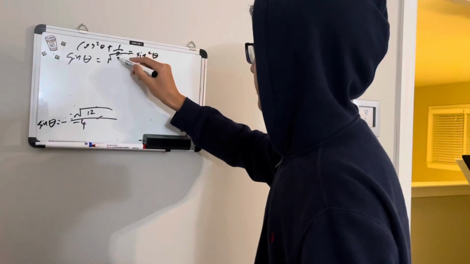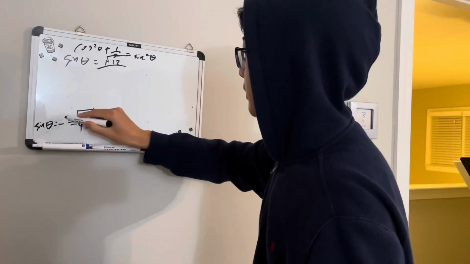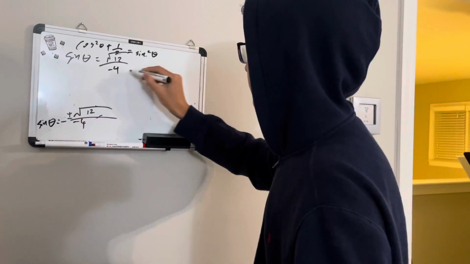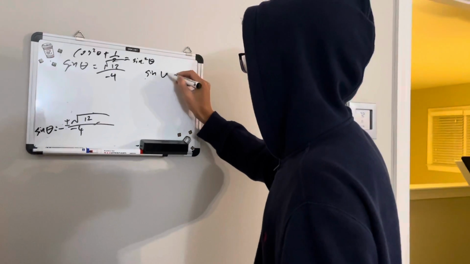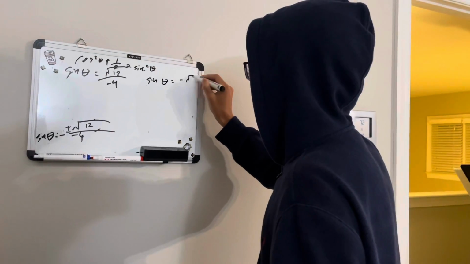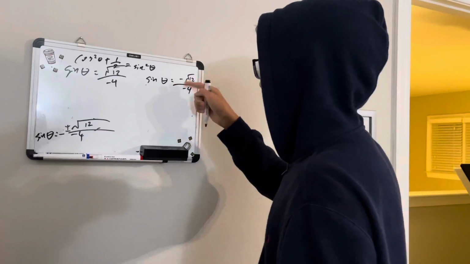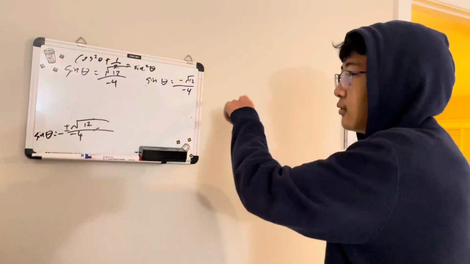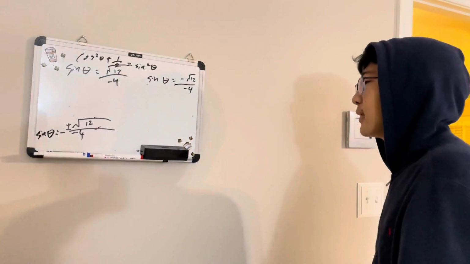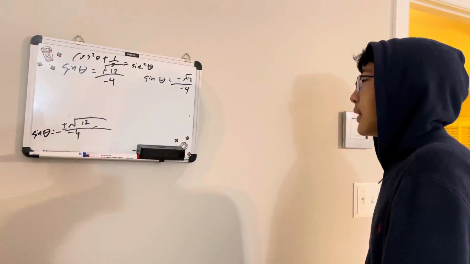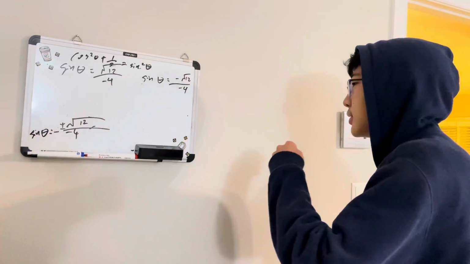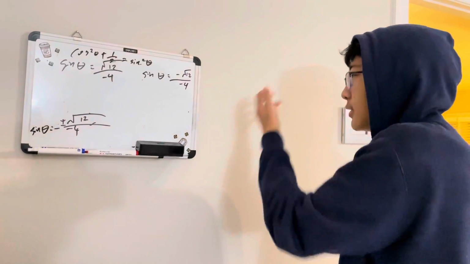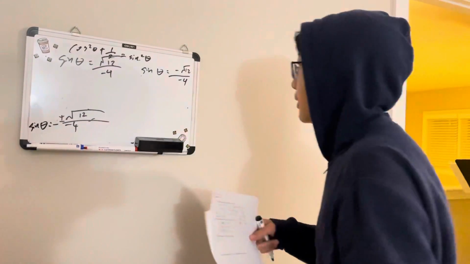On the left side we set it for the positive, and on the right side we do the negative. By the way, root 12 can be simplified as you take out the 4, which is 2 on the outside, and then leaves you with the 3.